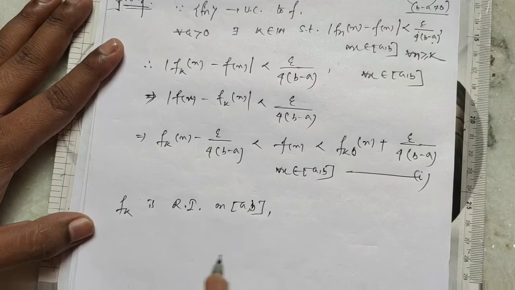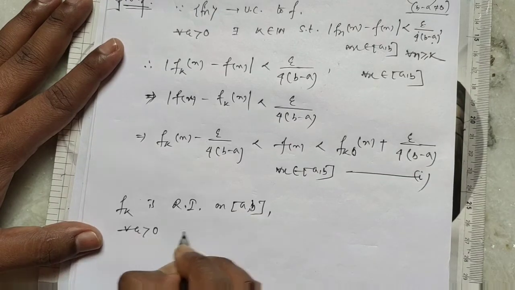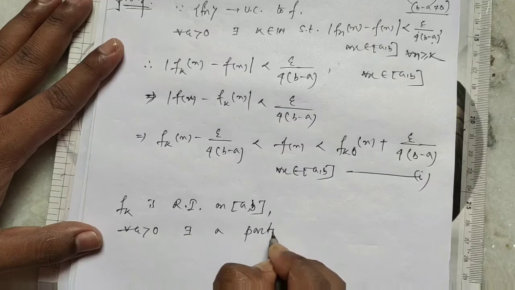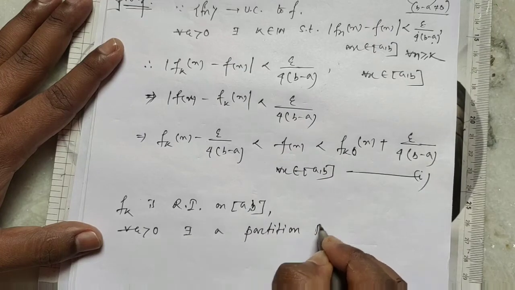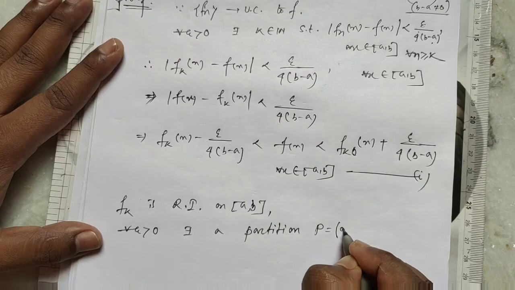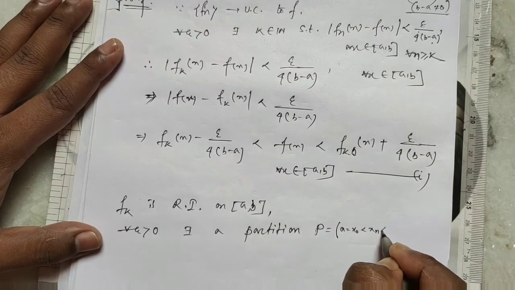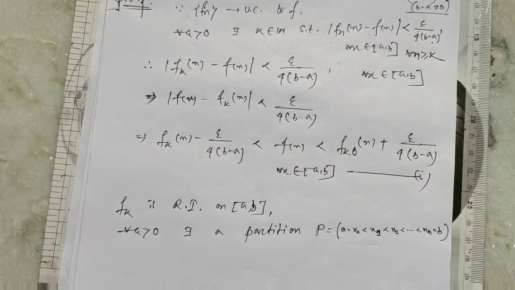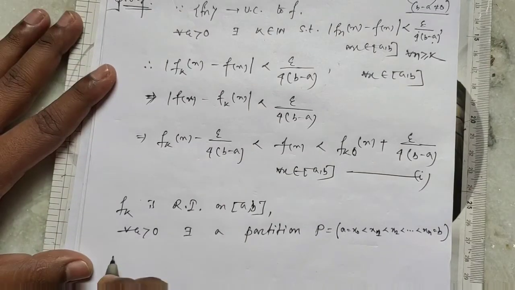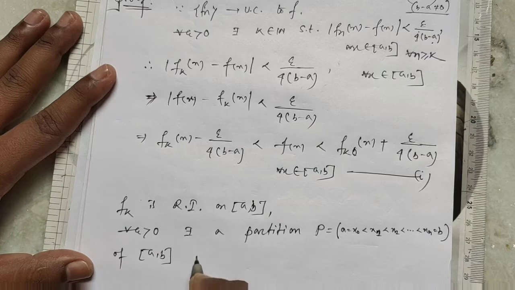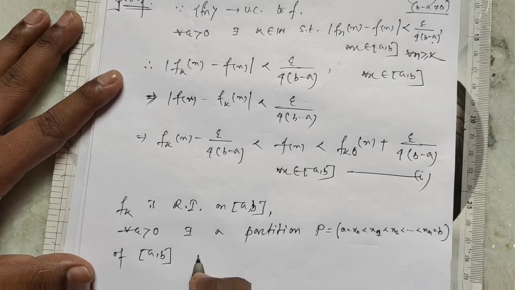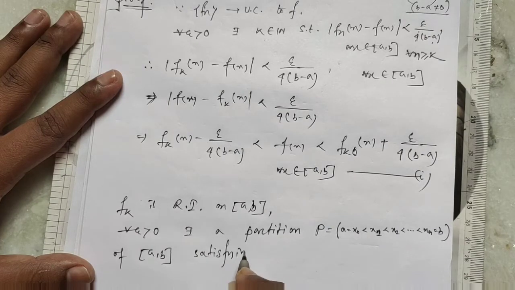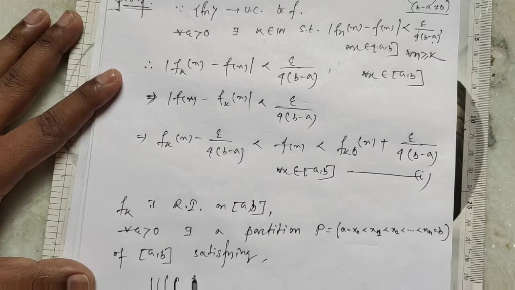So by the necessary and sufficient condition, for each epsilon greater than 0, there exists a partition P of [a, b], P = {x0 < x1 < x2 < ... < xn = b}, satisfying U(P, fk) - L(P, fk) less than epsilon by 2.